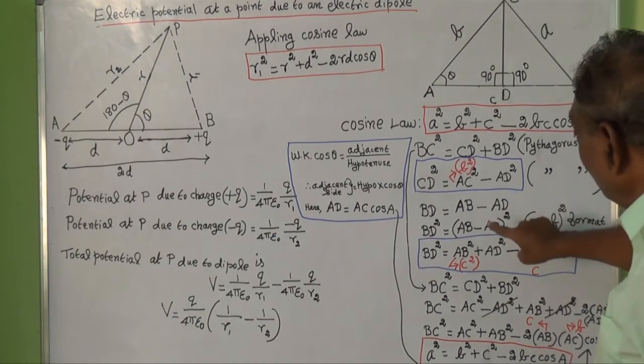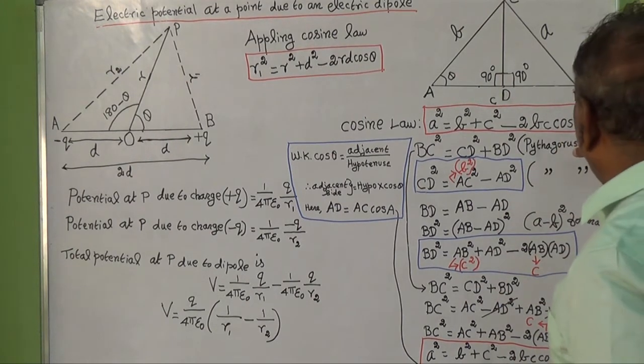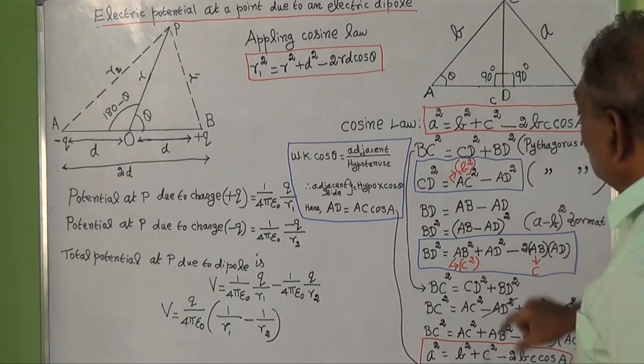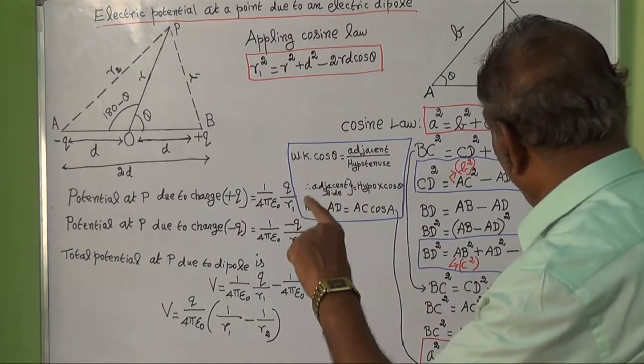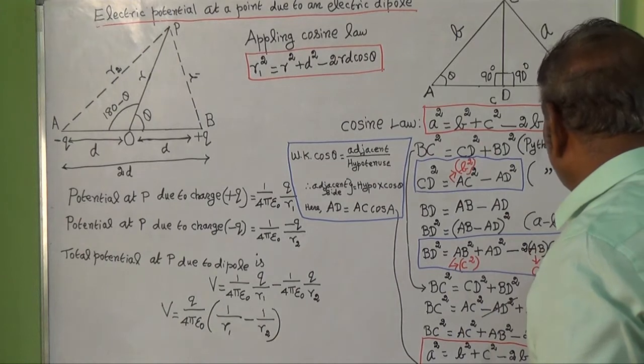Now we have got the C square. The AB square is the C square. So already we have got the B square. Now we have got the C square. This AB is also C.